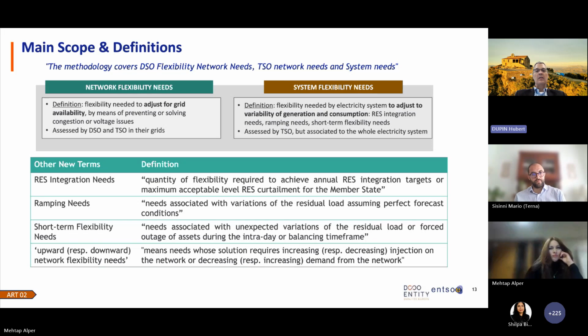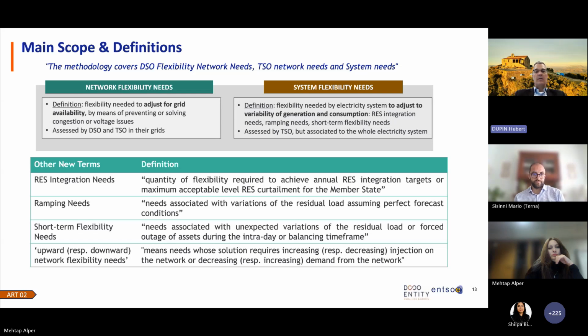They are intended to prevent or solve congestion or voltage issues by active power, and each network operator assesses their need for their grid. And system needs are the flexibility needed to adjust to the variability of generation and consumption. So they take different forms, and Mario will go over it.